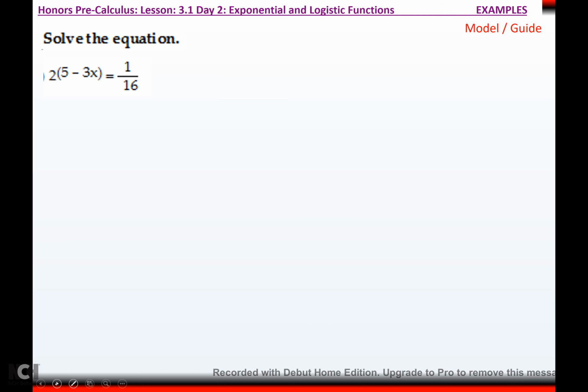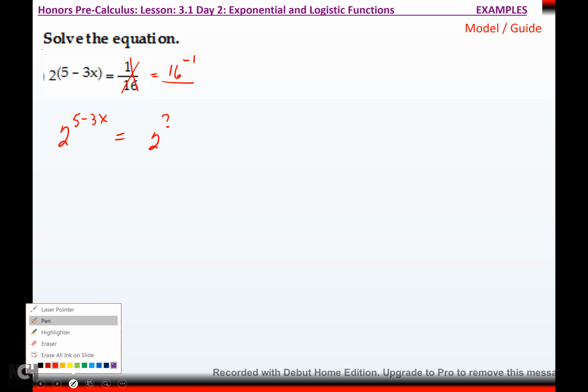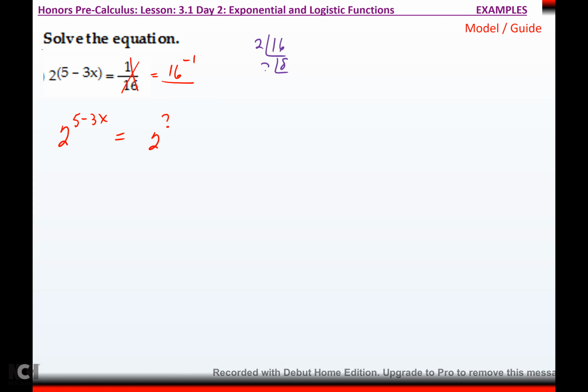Alright, so this one. Okay, again, I don't want fractions, so I'm going to rewrite this as 16 to the negative first. This base is a 2. I need to rewrite this with a base of 2. So I'm going to break down 16 by 2's. By 2 is 8, by 2 is 4, by 2 is 2.